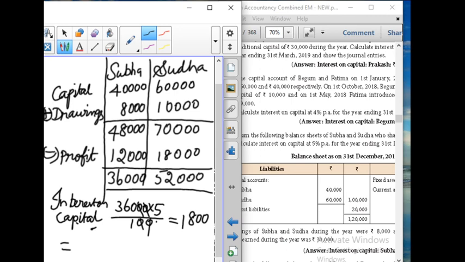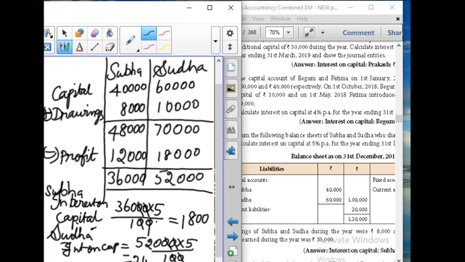Next, this is for Shubha. And Sudha's interest on capital is 52,000 into 5 divided by 100. 0, 0, 0, 0. 2,600. So we found out the interest on capital for Sudha and Shubha. Okay, do you understand? Thank you, students.